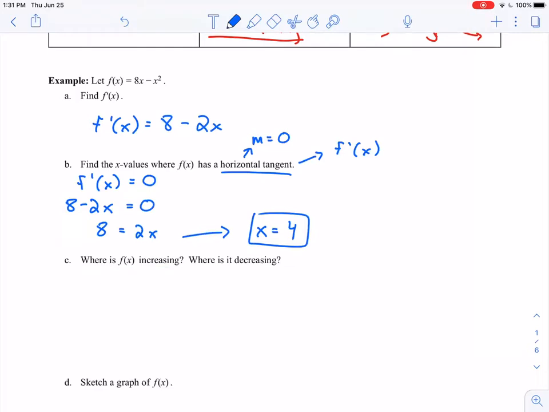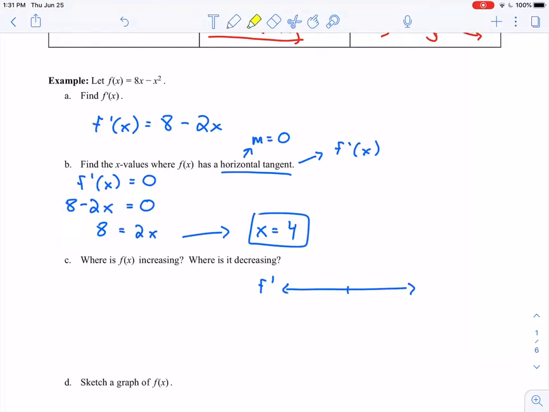I'm going to organize my work in a way that should hopefully feel familiar to us, because we actually did something similar when we were solving inequalities way back in chapter 2. I'm going to create a number line over here, so f prime, and I'm going to make this number line.